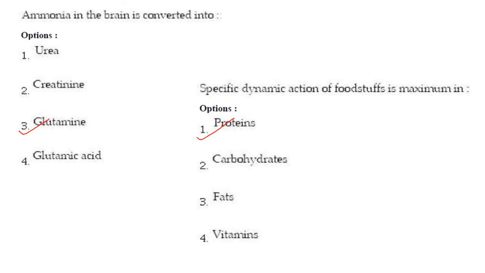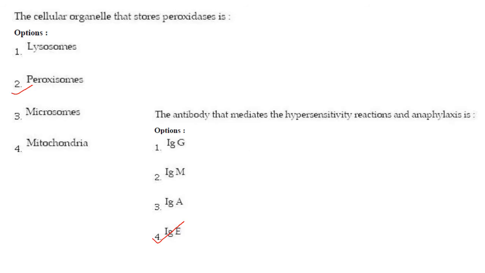Next one, specific dynamic action of foodstuffs is maximum in option 1 proteins, 2 carbohydrates, 3 fats, 4 vitamins. Answer is option 1 protein. Next one, the cellular organelle that stores peroxidase is option 1 lysosomes, 2 peroxisomes, 3 microsomes and 4 mitochondria. Answer is option 2 peroxisomes.